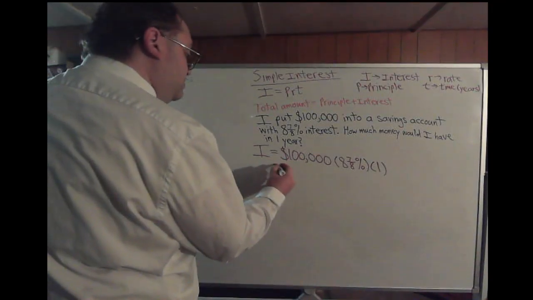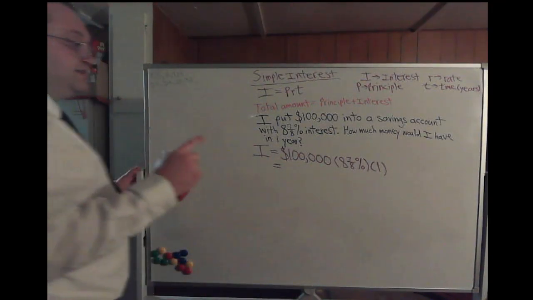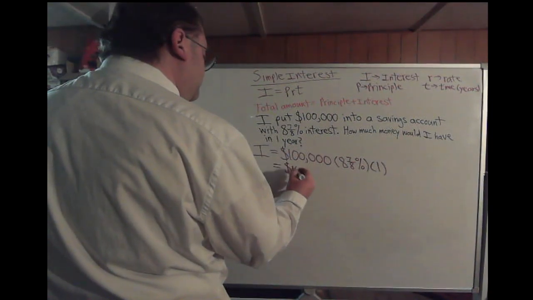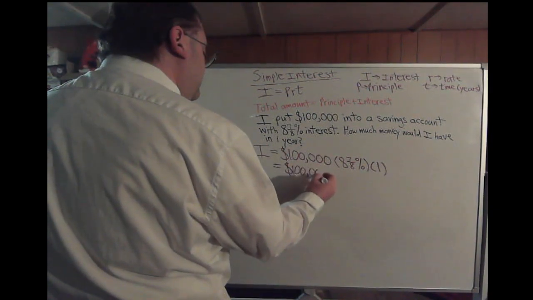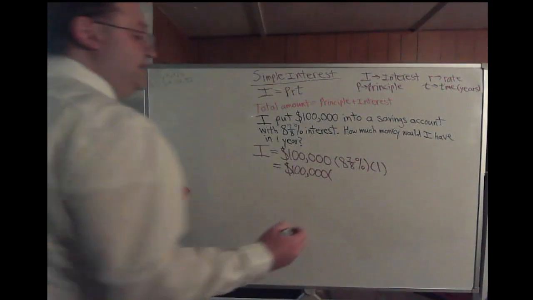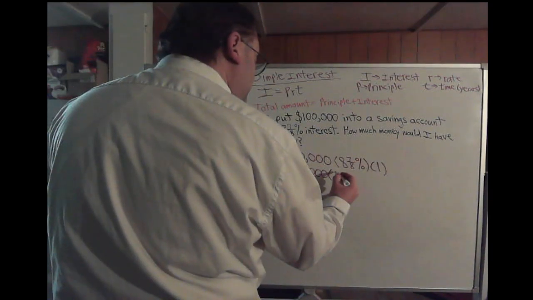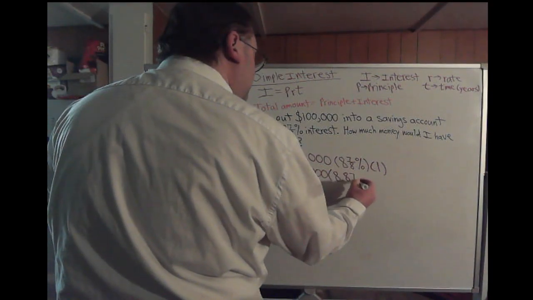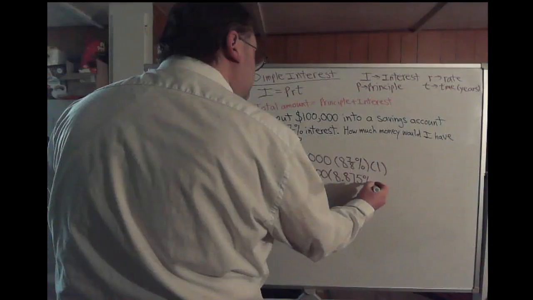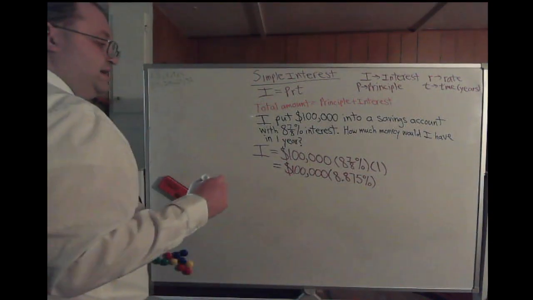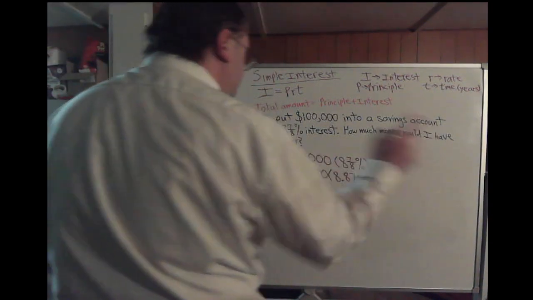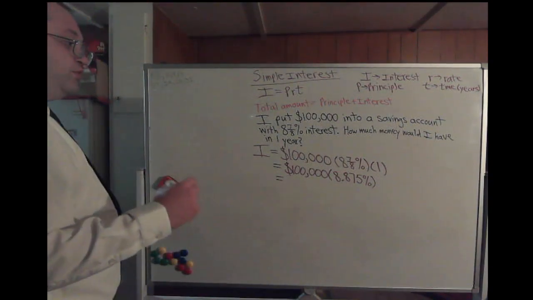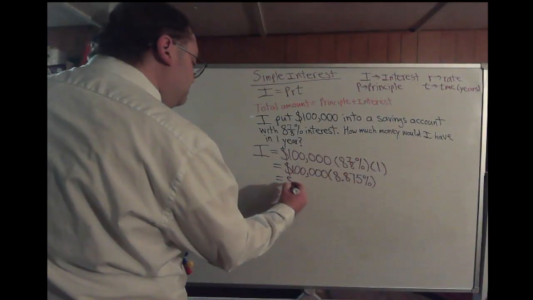Well, it would help if we convert that 8 7/8 into a decimal for a percent. So we'll still have the 100,000. Now 8 7/8 as a decimal is 8.875%. Now we can convert that 8.875% into a decimal so we can plug this into our calculator.